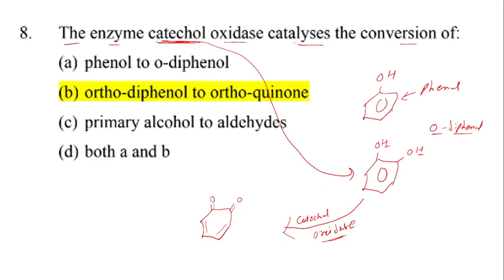Here, two hydrogens are removed, so you can write 2H plus is removed, and 2 electrons are gained.